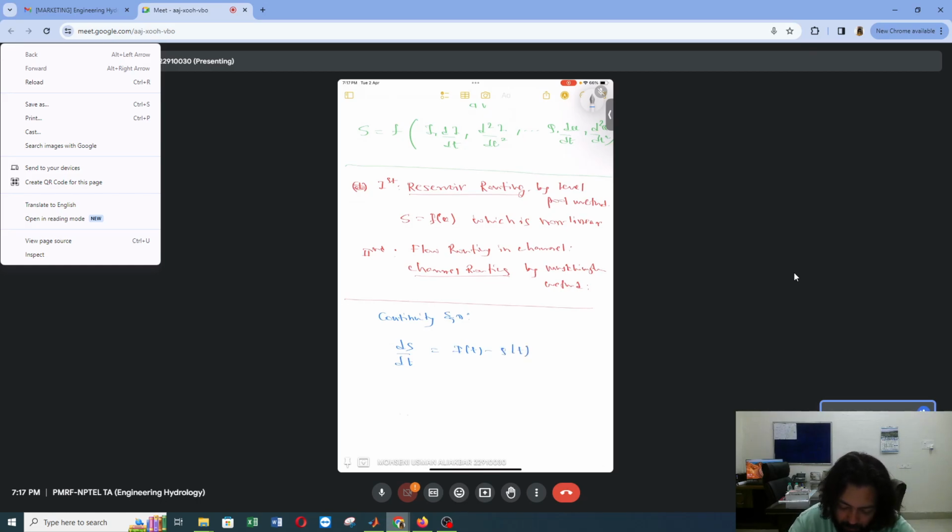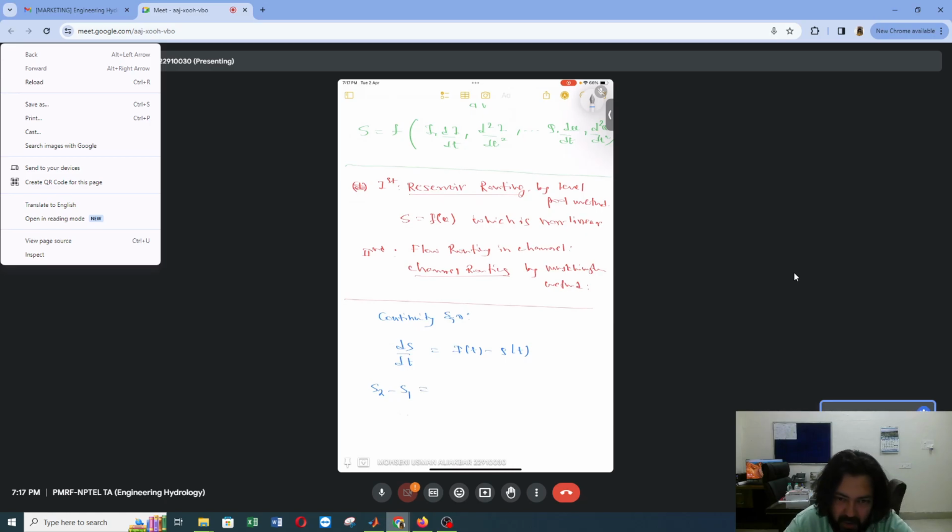But if you want to look into the detailed equation used under hydrologic routing, we need to find the changes occurring at upstream and downstream, right? We can say that the upstream location is denoted by 1, whereas the downstream location is denoted by 2. We want to see the changes occurring when the water is traveling from upstream to downstream. So there would be a change in storage, S2 minus S1, right?